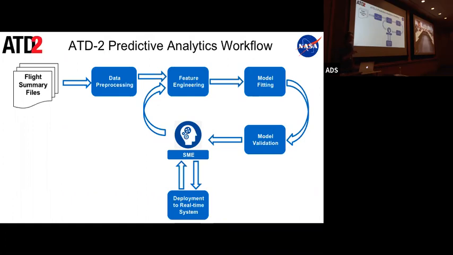Through this iterative process, we hope to develop a model that we can eventually deploy to the real-time system. The model I'll talk about today is not the model that we would deploy to the real-time system, but it's a step in the right direction. We like to think a lot about the model of crawl, walk, run, so this would be the crawl in that process.